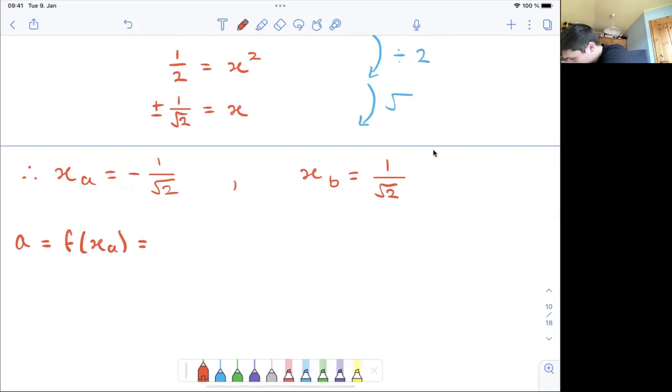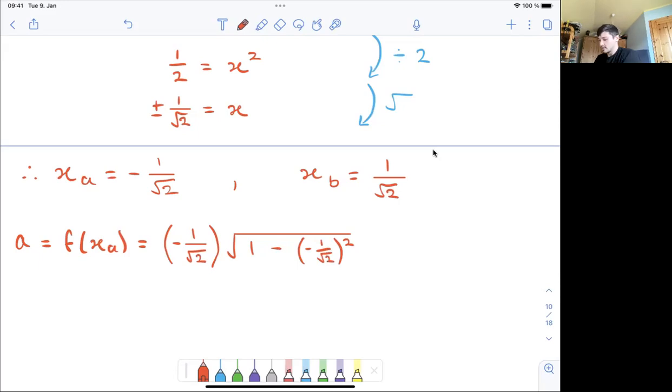xa, which is going to be equal to, so f of x was x multiplied by the square root of 1 minus x squared, so this is going to be negative 1 over the square root of 2 multiplied by the square root of 1 minus negative 1 over the square root of 2 squared.